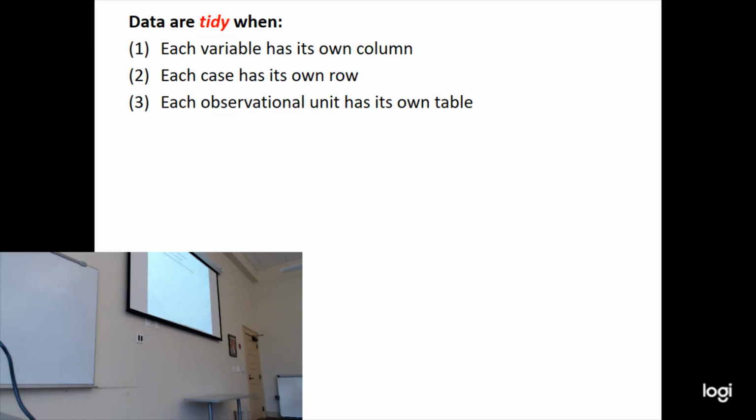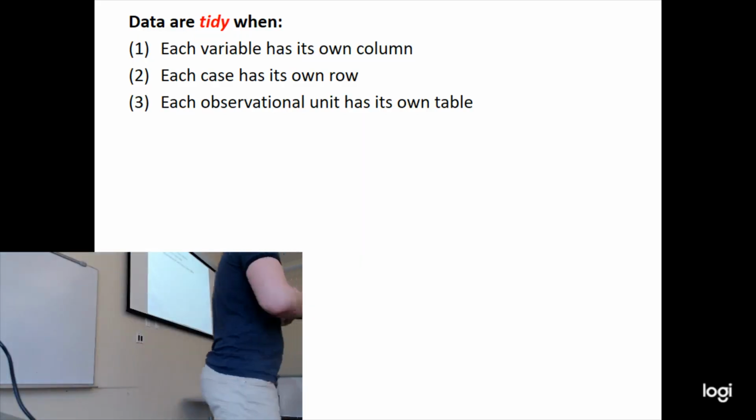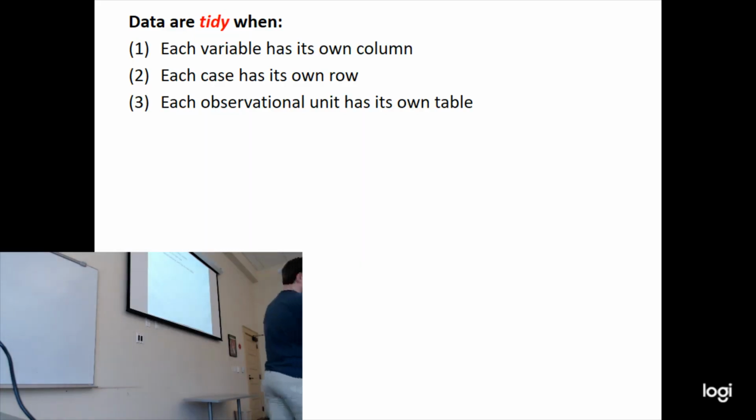So I'm going to go through a couple different ways that data can be untidy. I don't think that this is an exhaustive list, but it covers many of the different variations that you might see.